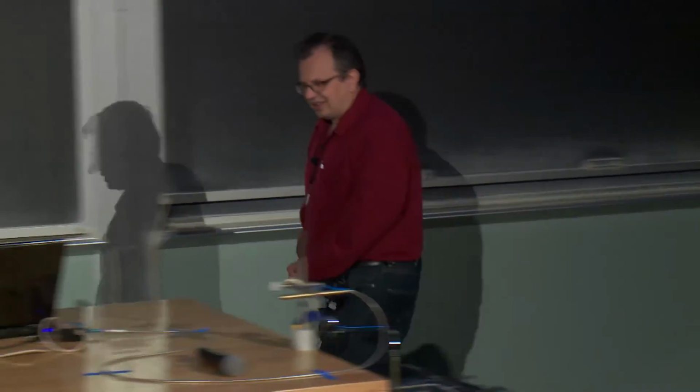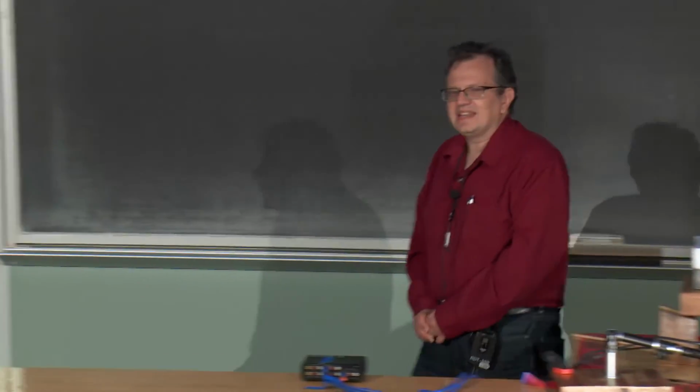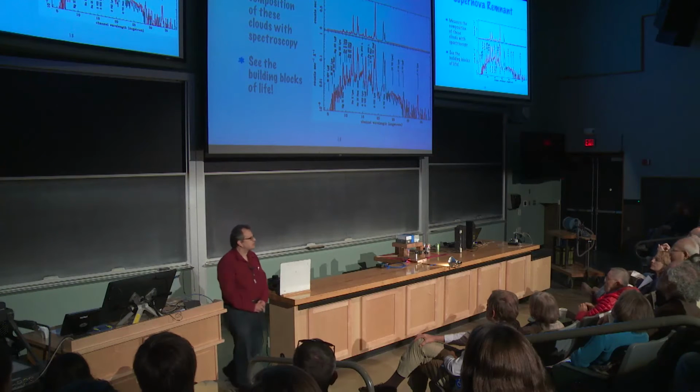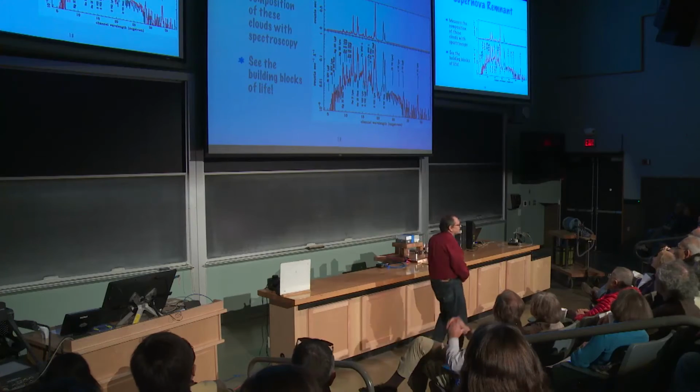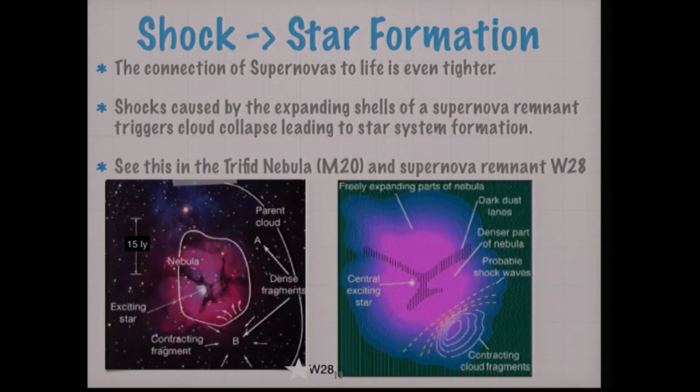Right? This material that produces life, that life depends upon, is made in stars. And it gets out of the stars when the star explodes and spews that material out to feed the interstellar medium. Supernova explosions, the shock that sends out into the interstellar medium, is actually what starts star formation.